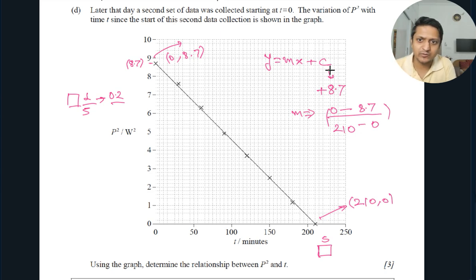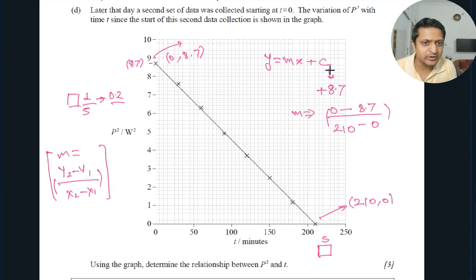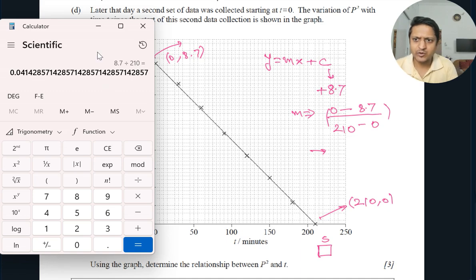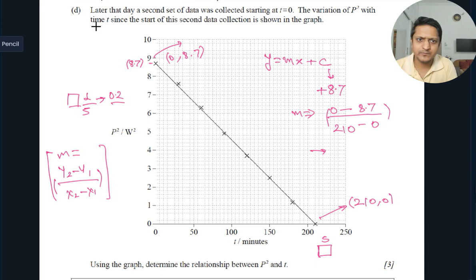The formula of slope is y2 minus y1 upon x2 minus x1. So that's why I didn't give you the formula directly, I'm doing it. So it would be 8.7 divided by 210. It is 0.041.